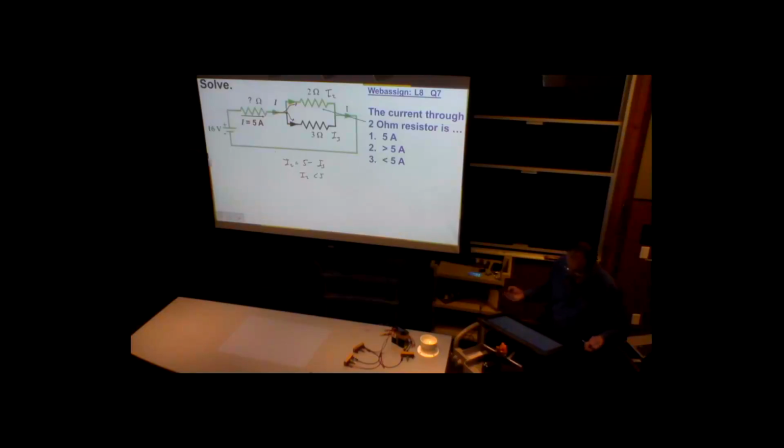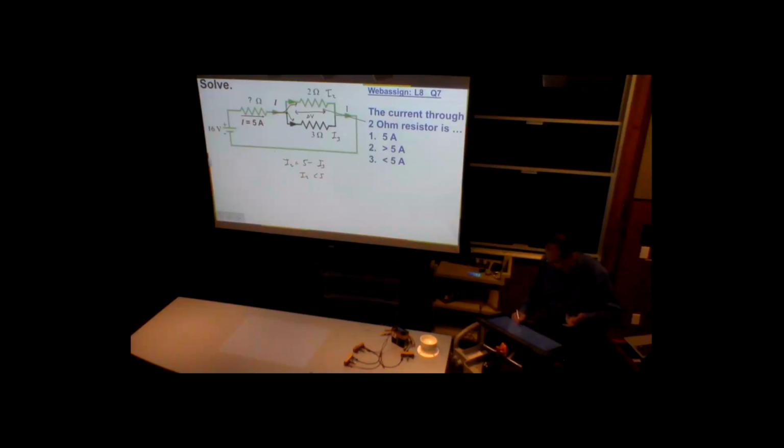And of course, we can calculate. Here, what I see is these two resistors share the same voltage. That's always what we should look for: what some elements might share.